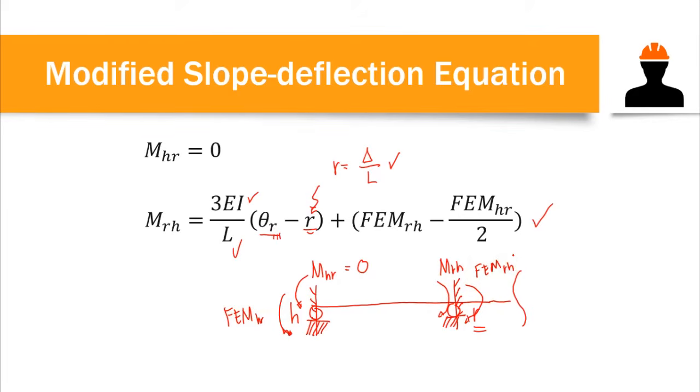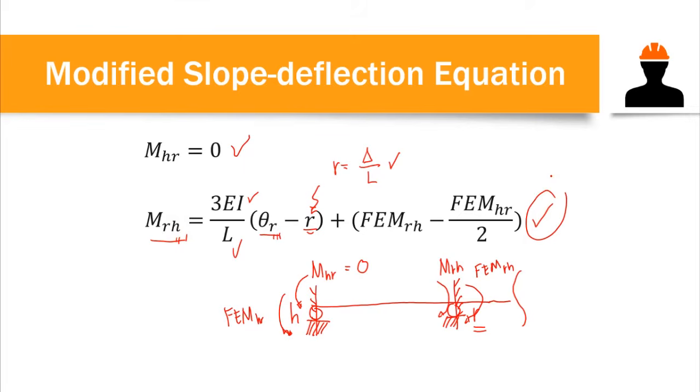So this modified slope deflection equation could help you in making your solution much shorter. Again, this can only be applied if our M_HR is 0. So you just use M_RH using this modified slope deflection equation.